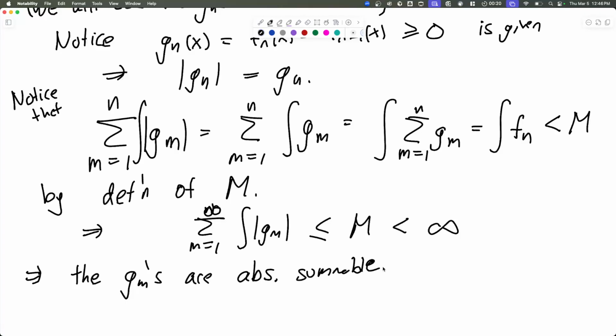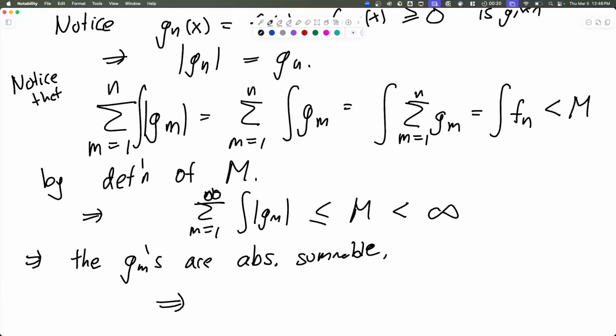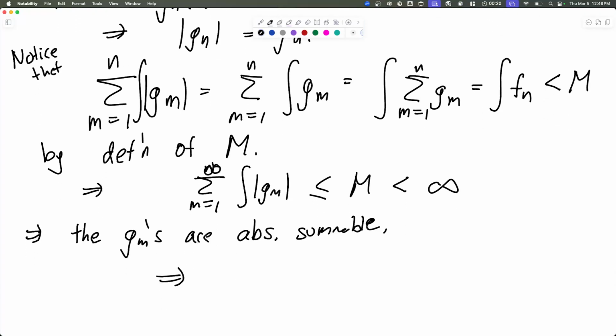And since they are absolutely summable, they converge to something. And therefore, the thing they converge to we already called f. So, okay, I'll go back and write that, but therefore, the sum from n equals 1 to infinity of gm converges in L1.